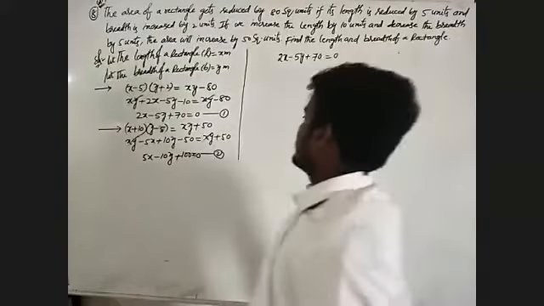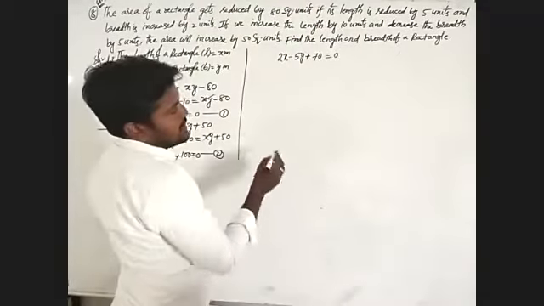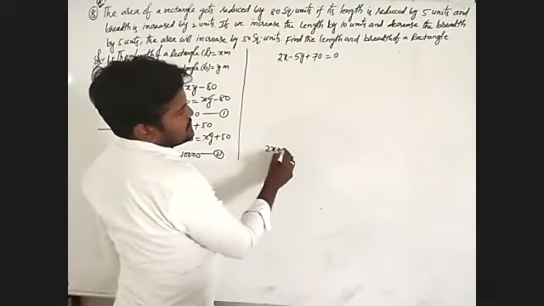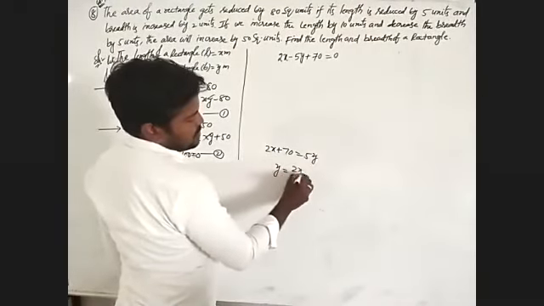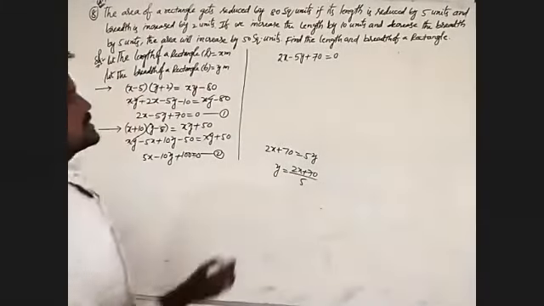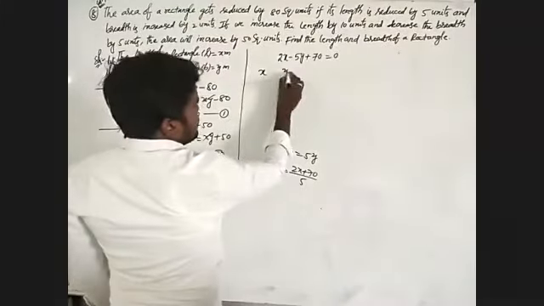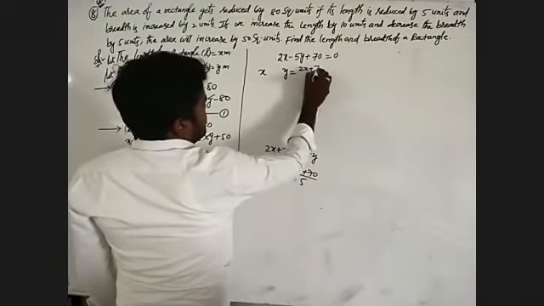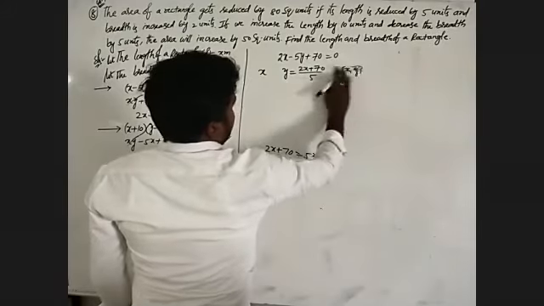Here we observe minus 5y moves to that side, minus becomes plus, so 2x plus 70 equals 5y. After that, y is equal to 2x plus 70 by 5. That means we have to consider some values of x, where y is equal to 2x plus 70 by 5. Finally, we write the value of x comma y.